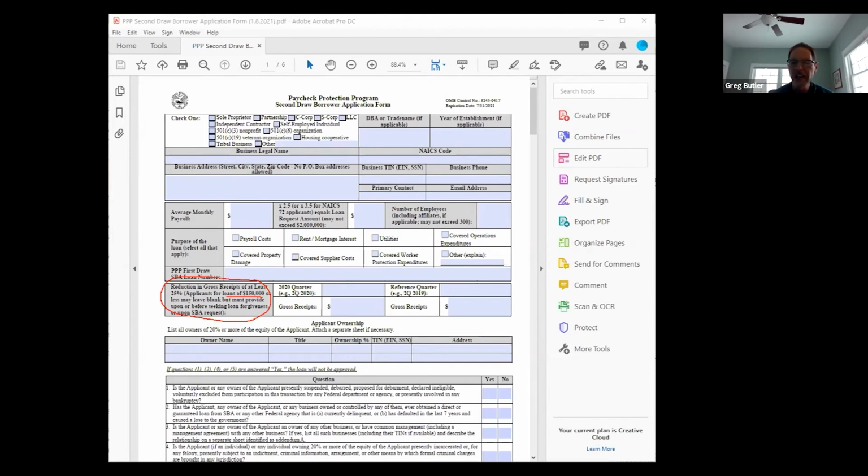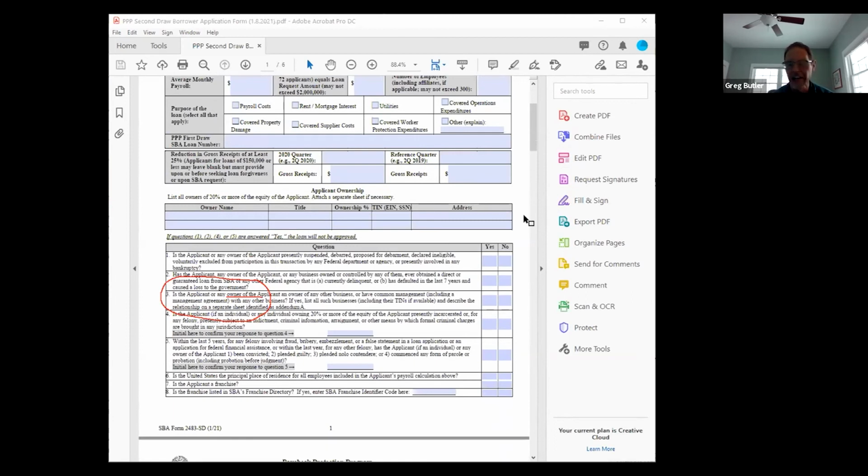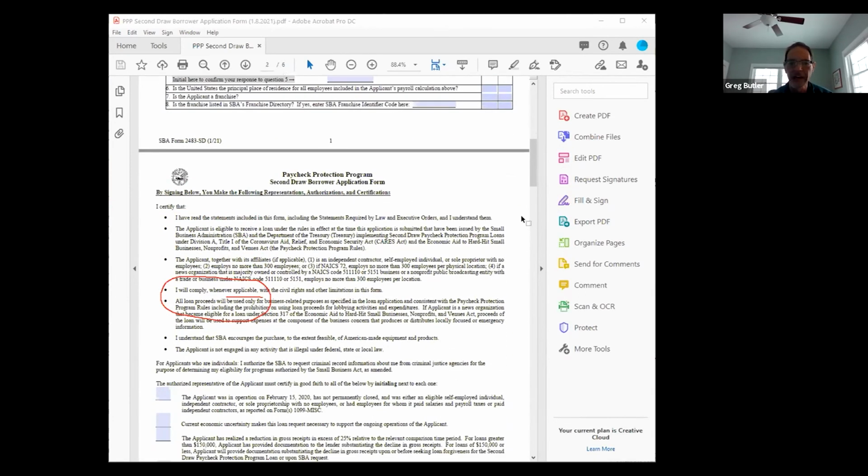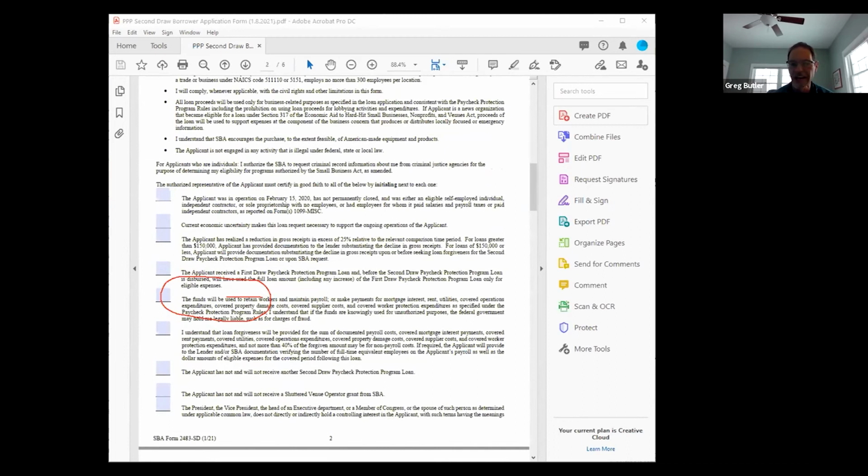Todd, I was just going to add the one thing that they don't mention in that box that comes up sometimes: if you have related businesses, there are rules on aggregation for affiliation, and you have to test your gross receipts on an aggregated basis. So if you had 2 or 3 companies that meet these affiliation rules, which are complex, then when you do these gross receipts calculations, you have to do it on a combined basis.